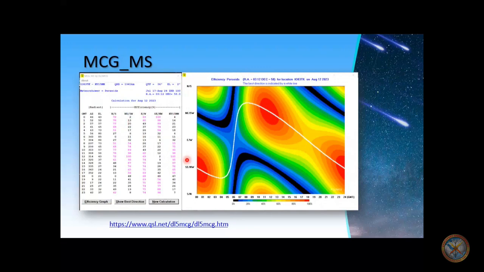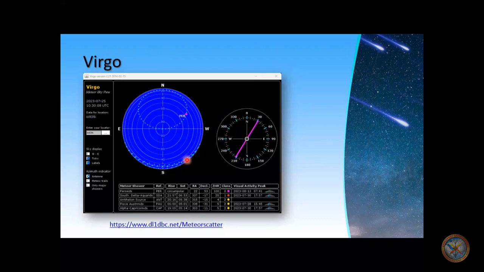And if you just go back to the Virgo one, you've got the two choices for that direction, that compass on the right, and looking at where the Perseus radiant is at the moment. Yeah. Given that, you see that west is there and east is there, so this is for an observer who wants to hold his tablet up at the sky and then find where to look for the meteors.